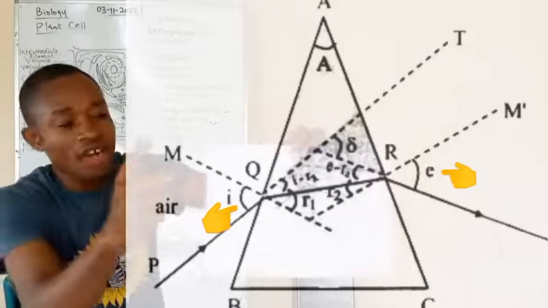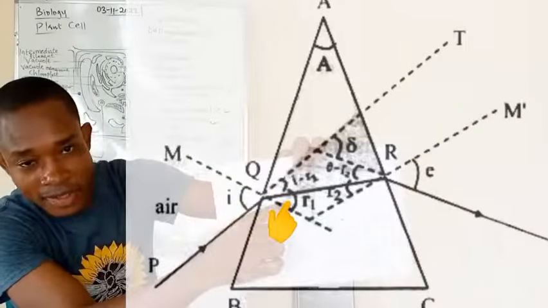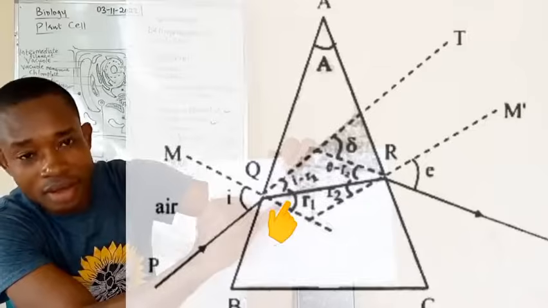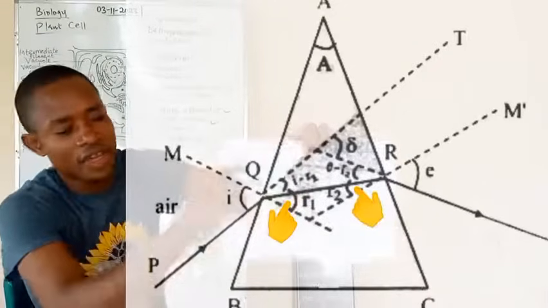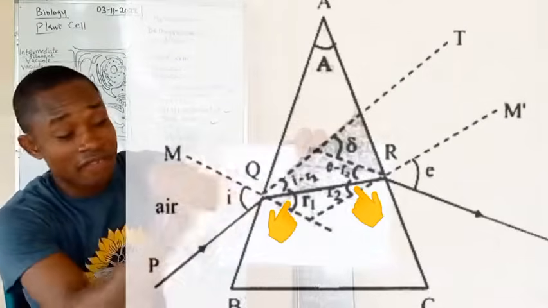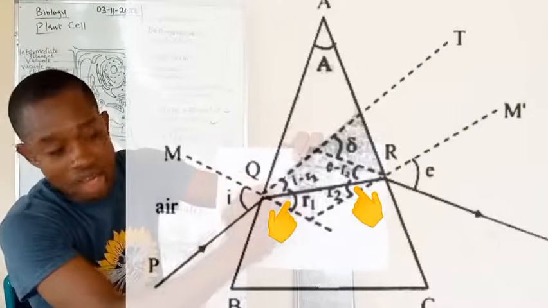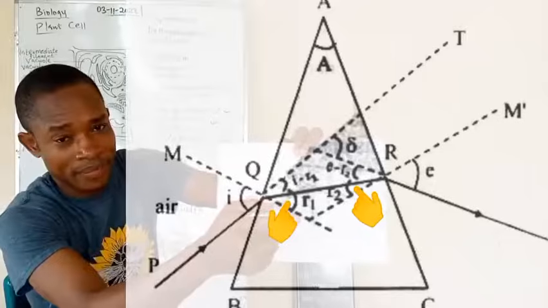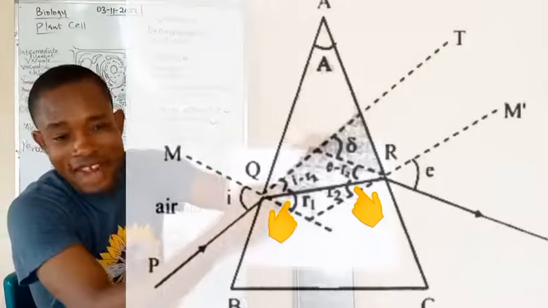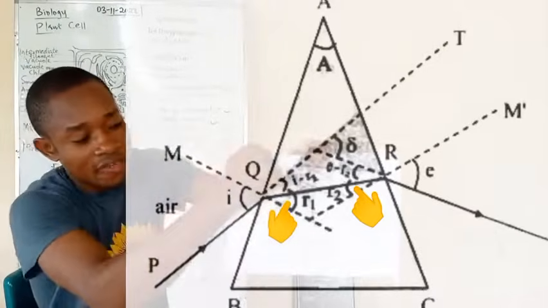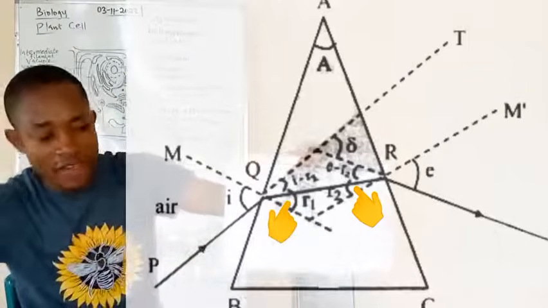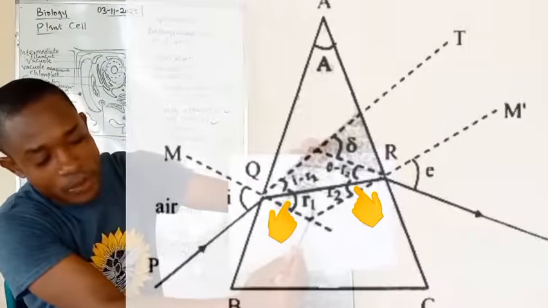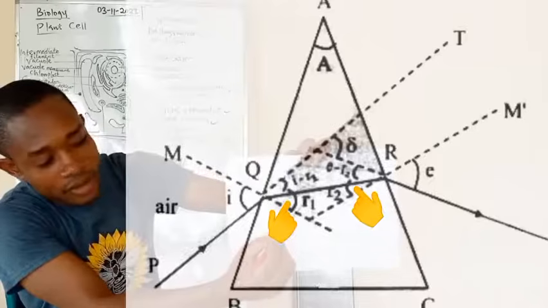2. The angle of refraction at this face, this angle here, must be equal to the angle of incidence. If the ray refracts through the prism, the refracted ray will hit face AC of the prism at this point.